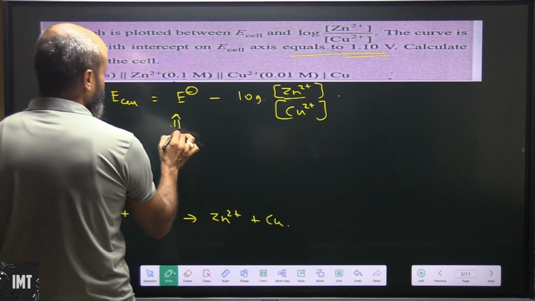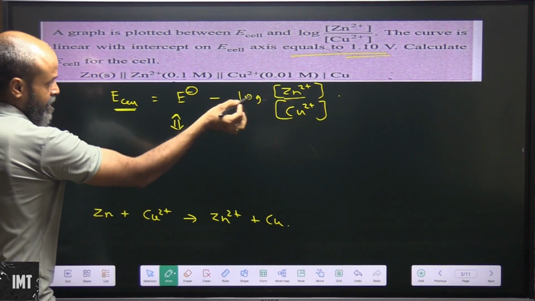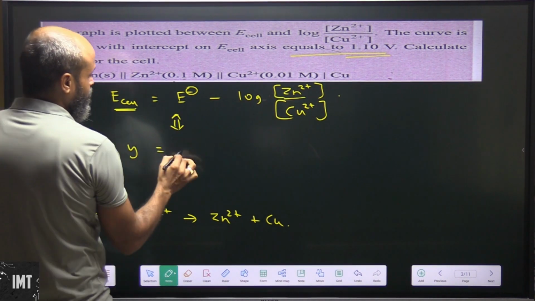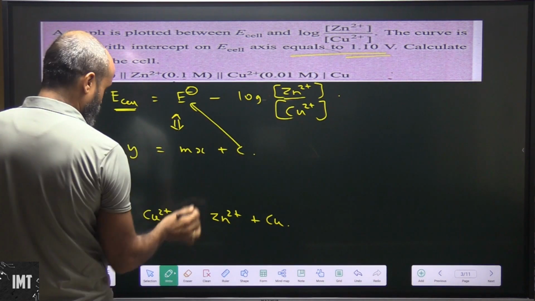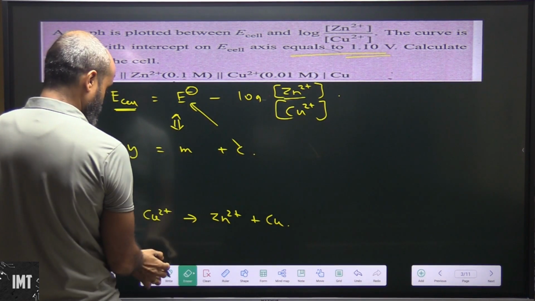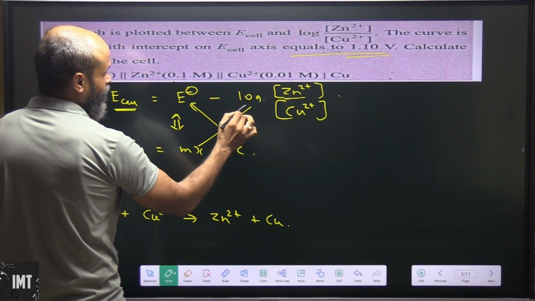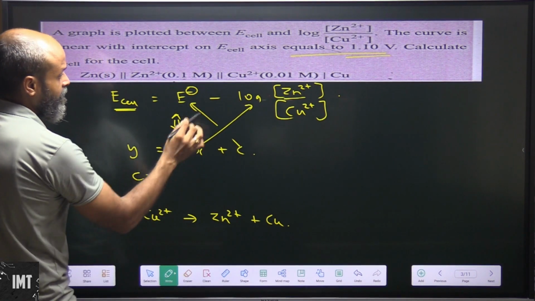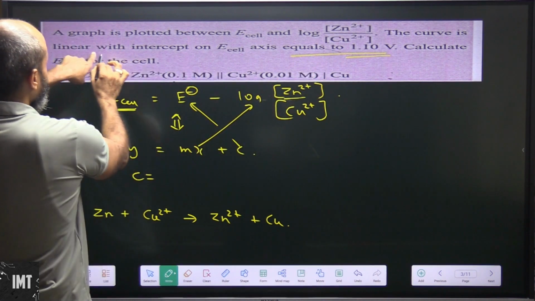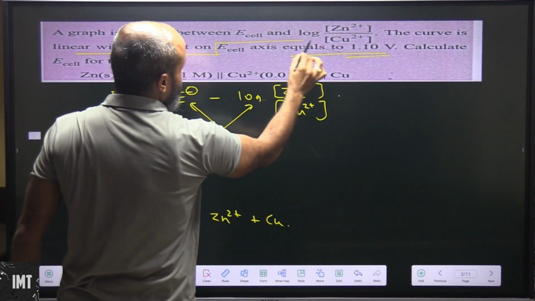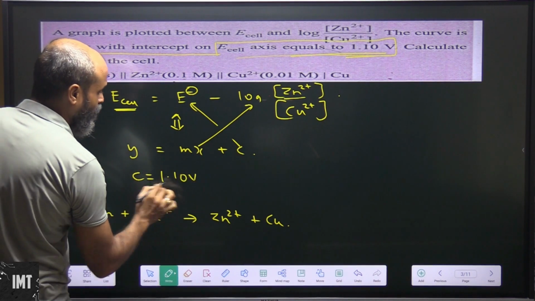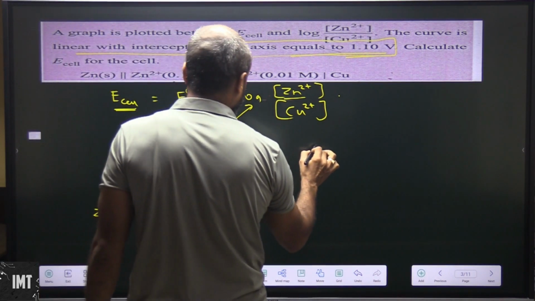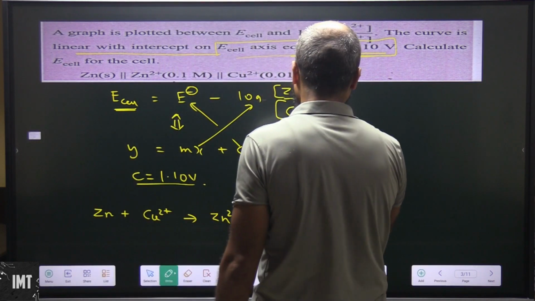Compare this equation with y is equal to mx plus c: c is the constant, and this is the mx term. Here it is written that the intercept on the E cell axis is equal to 1.10 volt.